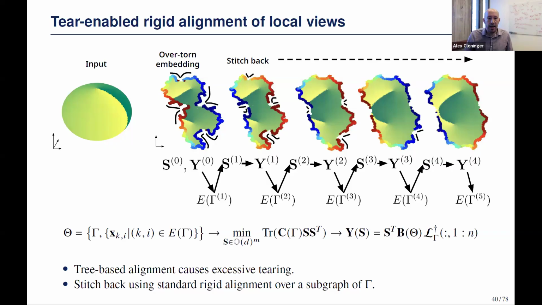I'm just going to cut them, and you can kind of cut them anywhere. It's not really a big deal. And I'm going to create what I'll call an over-torn embedding. The way we actually do it is a tree-based alignment. You start with a very central view and then, in a tree-like fashion, lay down things. If you ever run into a contradiction, you just say, nope, tearing that. And so you put all of your local views down on the page, and it will look something like an over-torn embedding.